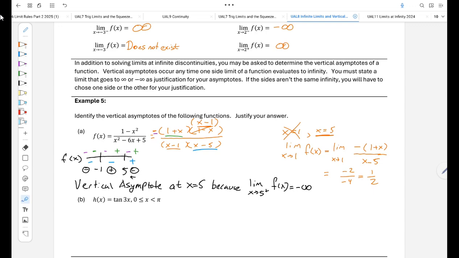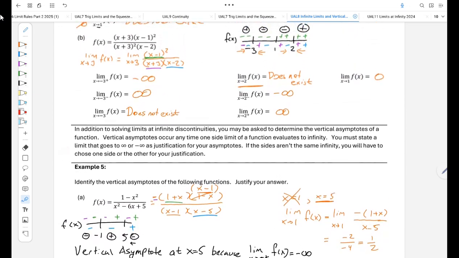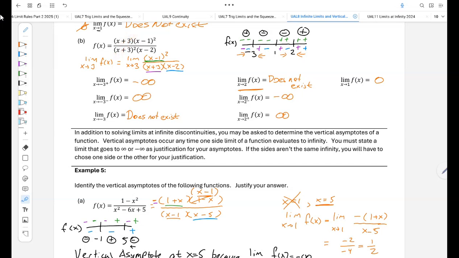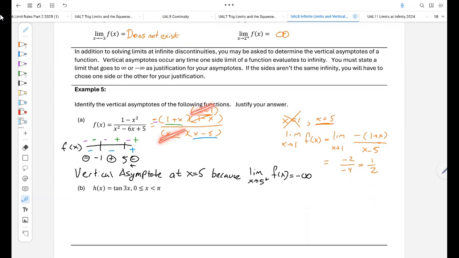So I'll do it without writing them. I'd be adding like a negative and a negative towards the left and a positive and a positive. So anything that's completely factored and canceled out gets to stay out of that sign chart. Now, in my above example, x plus 3 didn't completely factor and cancel out. So I still needed it, but the x minus 1s completely factor and cancel out.